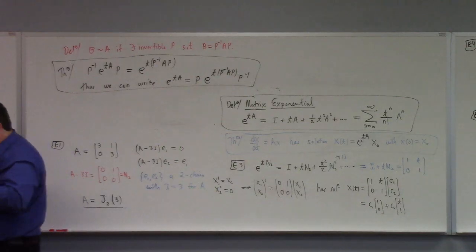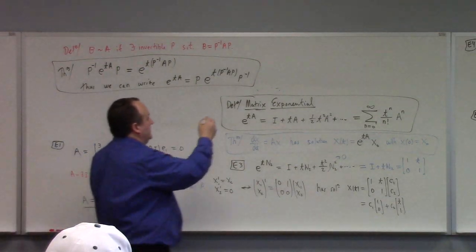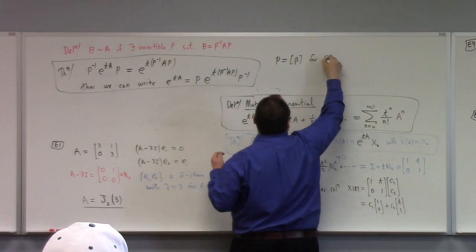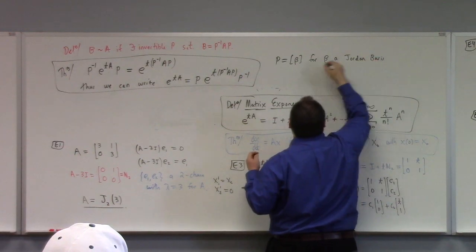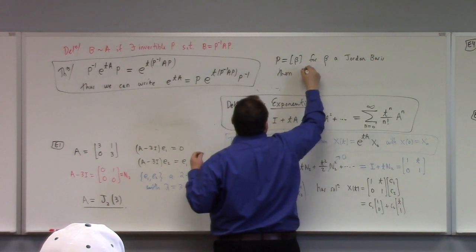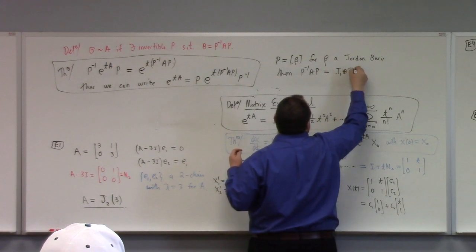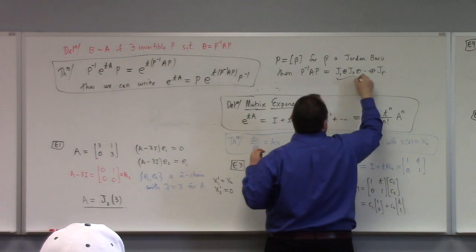But if we're strategic about this, if we choose P to be the matrix corresponding to a Jordan basis, if we make P equal to the basis matrix for beta, a Jordan basis, then P inverse AP is equal to J1 direct sum J2 direct sum up to Jr, where these are all Jordan blocks.